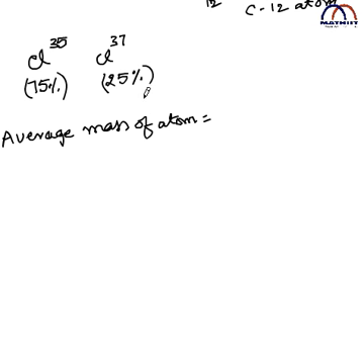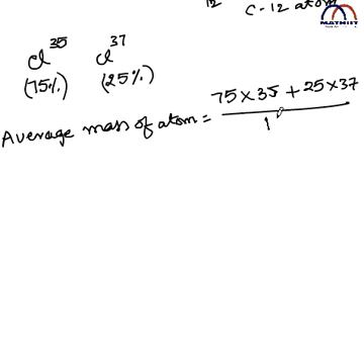What is the percentage of abundance of this chlorine? 75, and its mass number is 35, plus 25% of the atoms have 37.